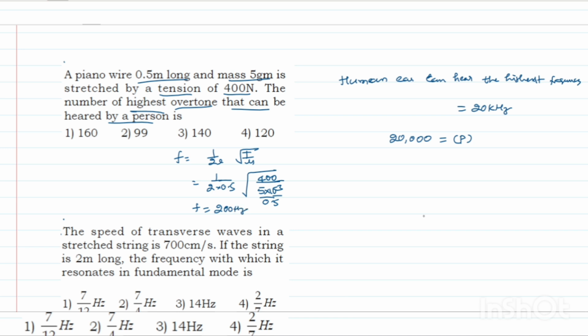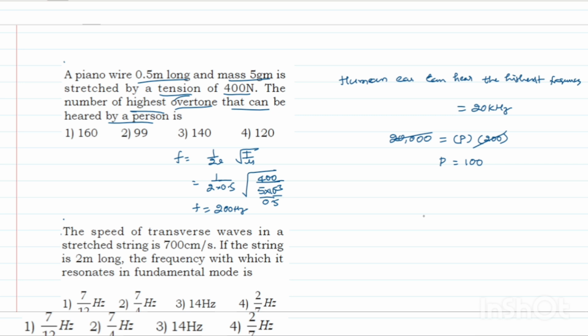So the wire is going to be vibrating with a frequency of 200 Hz. How many segments it is producing we don't know. So P into 200, the frequency. When simplifying, 200 into 100 times, so P equals 100. If it is producing 100 segments, here they are asking for the highest overtone.